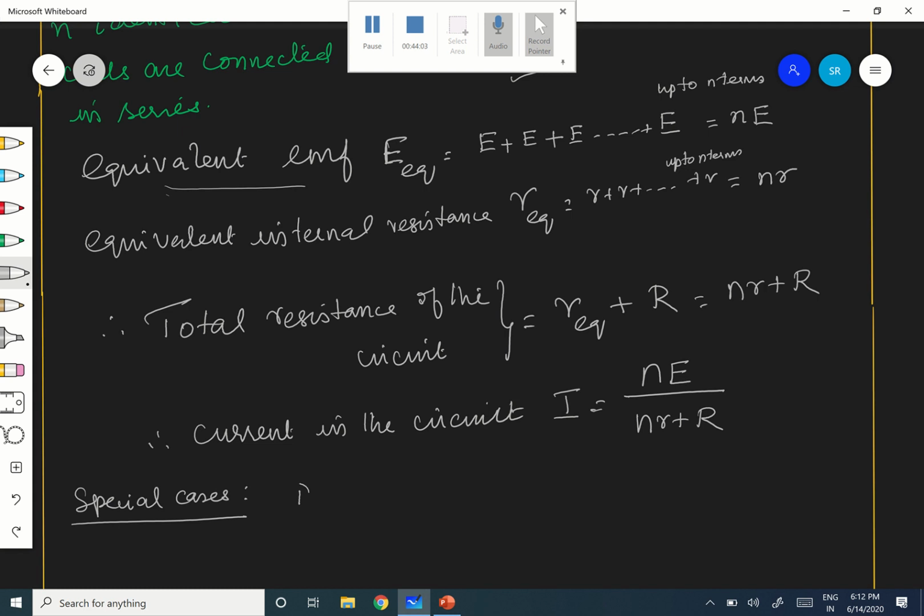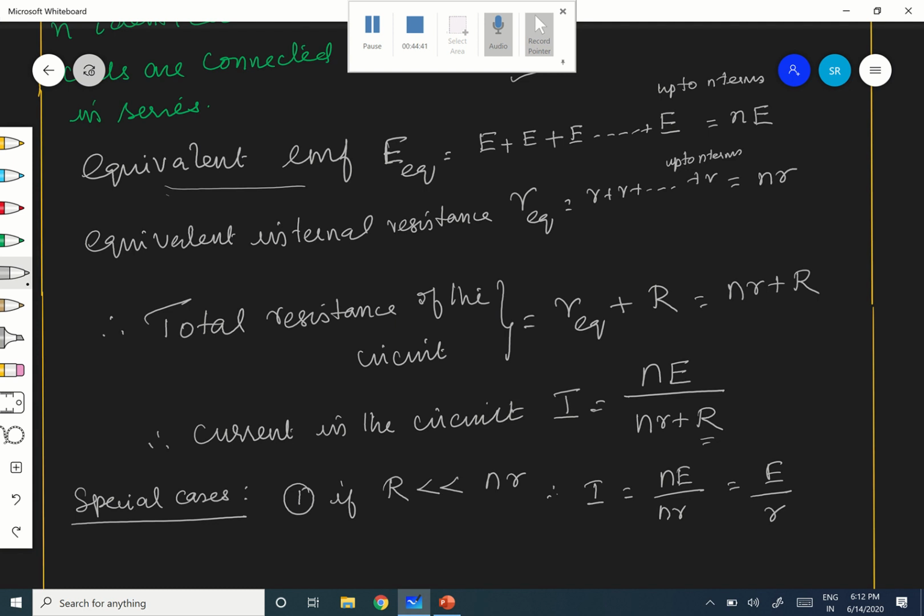Case number 1: if the external resistance R is very much less than the net internal resistance n r, then R can be neglected. Therefore I is equal to nE by n r, which is E by r.